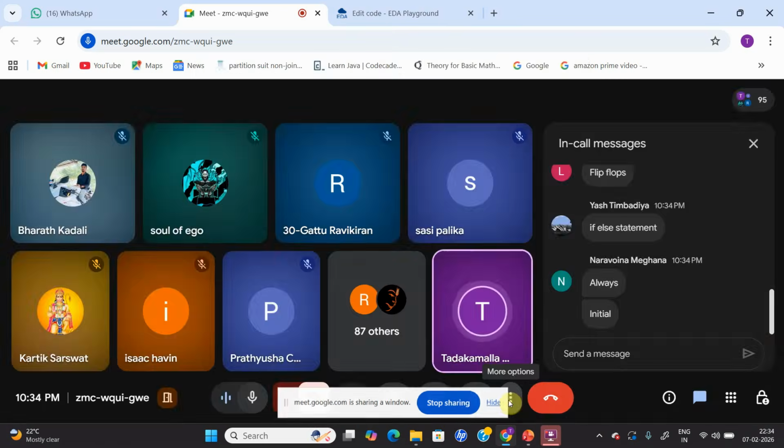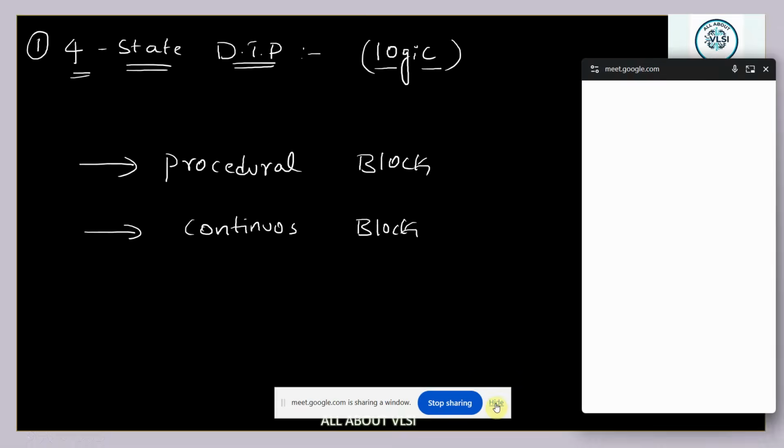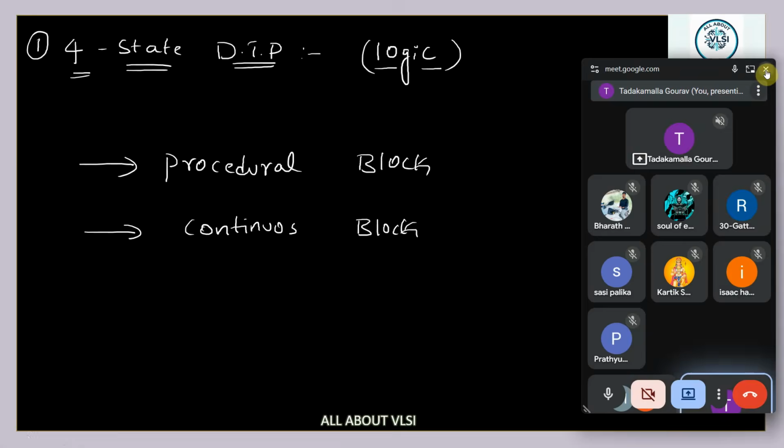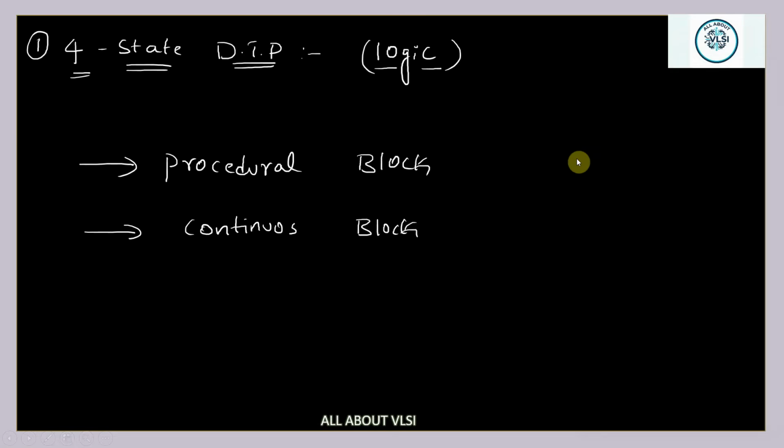Yes, exactly. Always block and initial block. These are all procedural blocks. And coming to continuous assignment blocks, these are nothing but your assign block. Am I right or wrong? Yes or no?